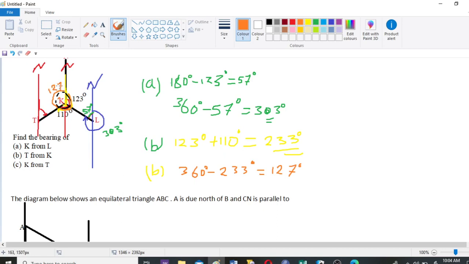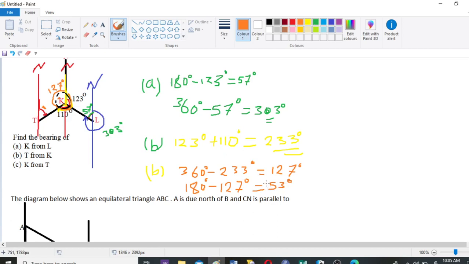127 degrees. Okay, so if this is 127 degrees, it means to find this bearing I'm looking for, I will just subtract: 180 degrees minus 127 degrees, and that is going to give me 53 degrees.